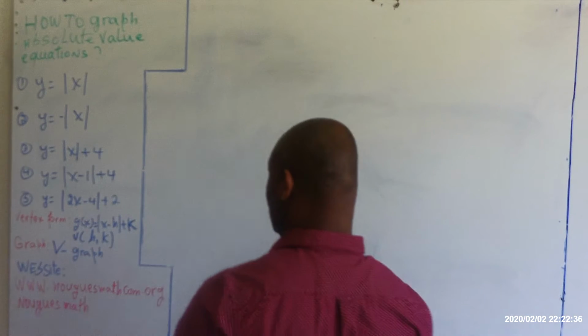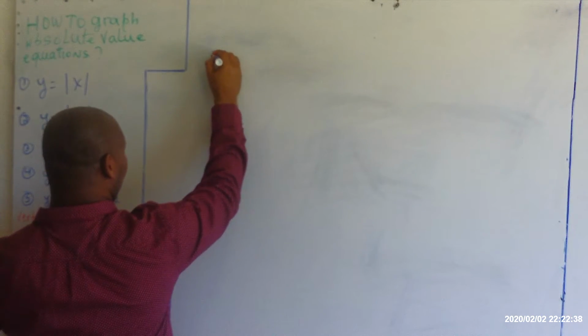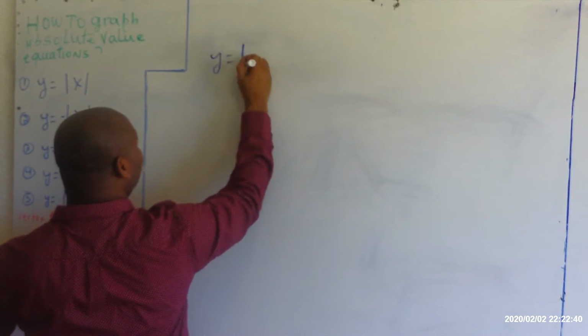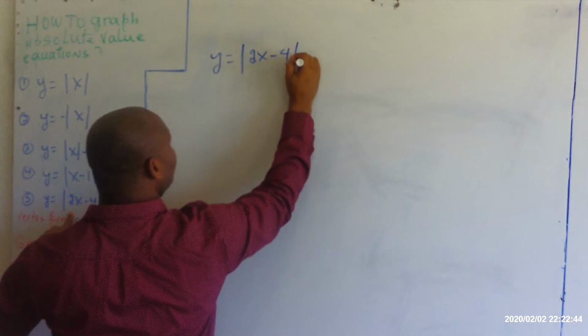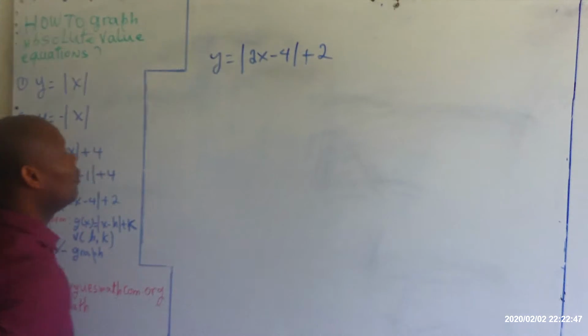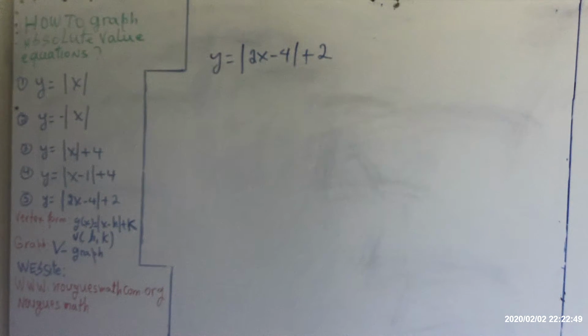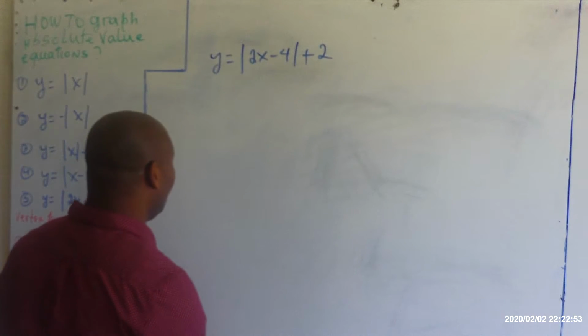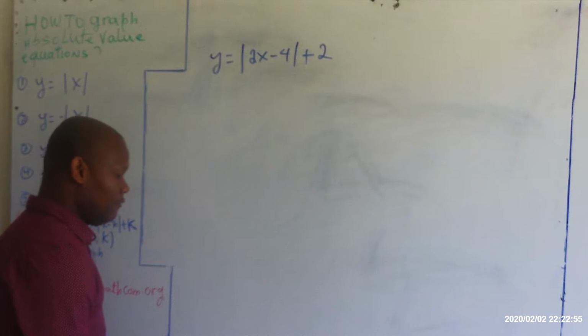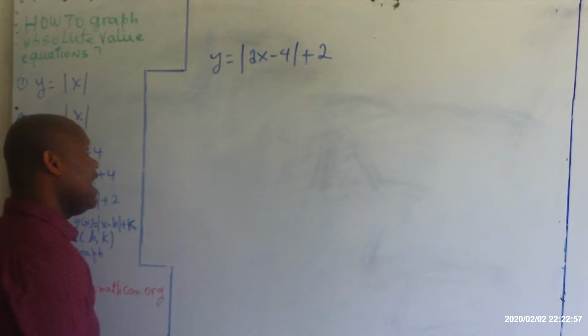The last equation is y equals absolute value of 2x minus 4, plus 2. So this equation, I'm going to use the vertex form to graph it. You have to remember you will have a V graph. That's a V graph you must have.